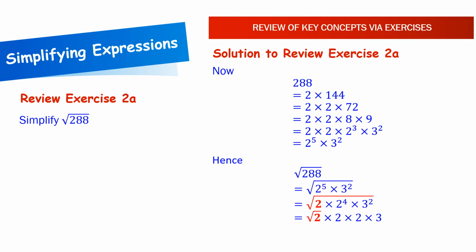So root 2 stays as it is. 2 to the 4th square rooted breaks down into 2 times 2. And square root of 3 squared is equal to 3. So we're left with 12 root 2, as shown.